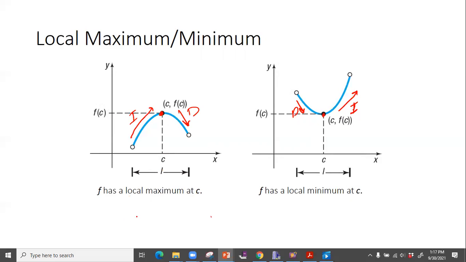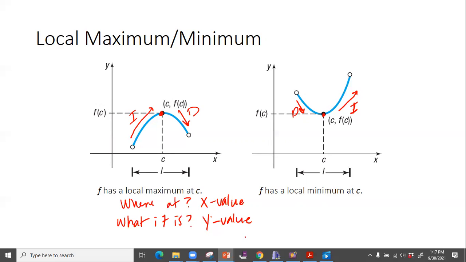When you're answering this question, when it's asking where it's at, where at means you're giving the x value, and what it is means you're giving the y value. If I'm asking you, where is your local maximum?